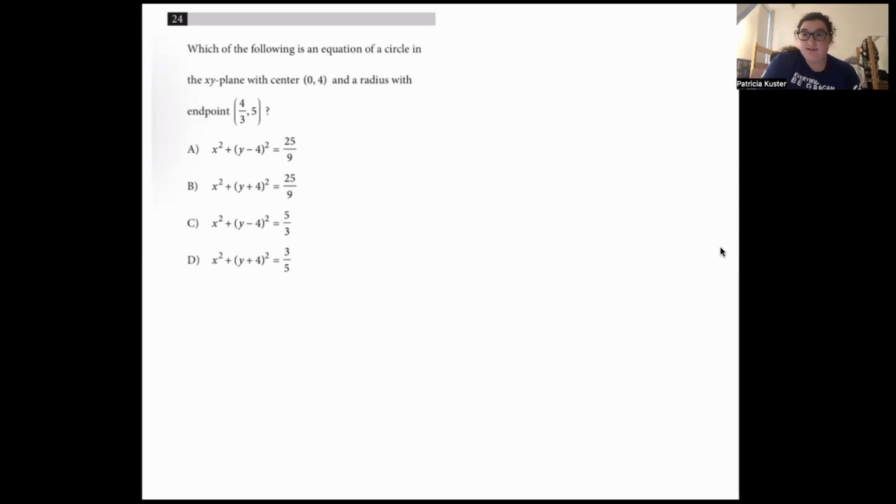In order to solve this equation, you have to know two formulas. The first is the formula for the equation of a circle, which is (x minus h) squared plus (y minus k) squared equals r squared. In this formula, h and k come from your center. So if you know your center, you can plug those numbers in for h and k to figure out half of the formula.